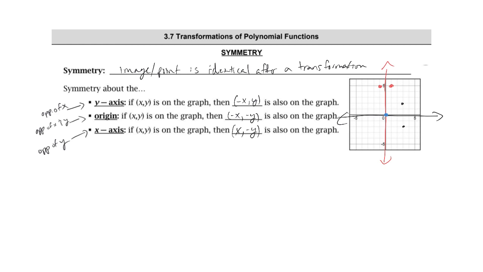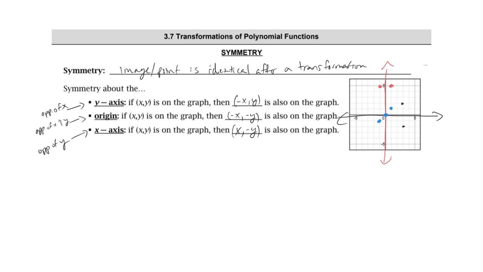Here's our origin. If we have (1, 1) and (-1, -1), those are symmetric.